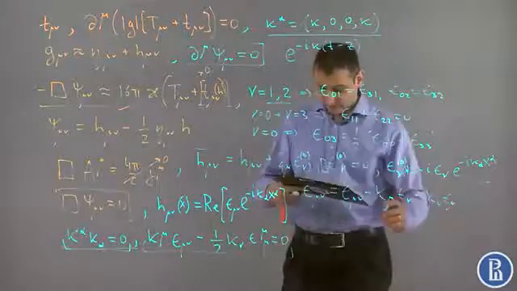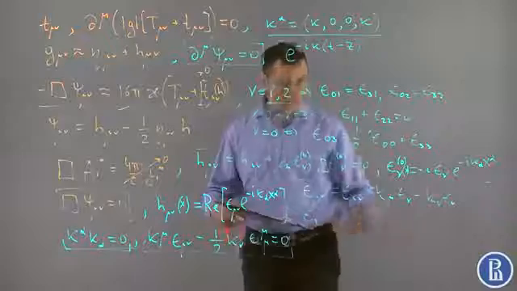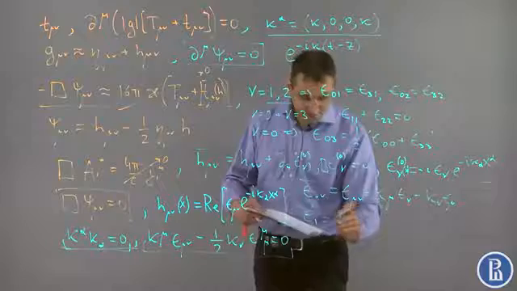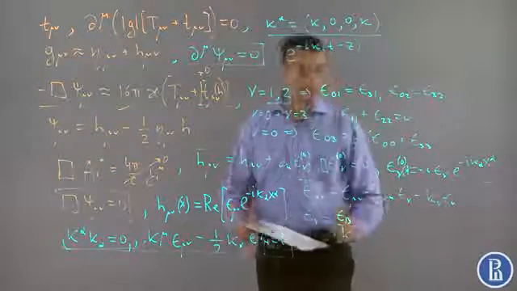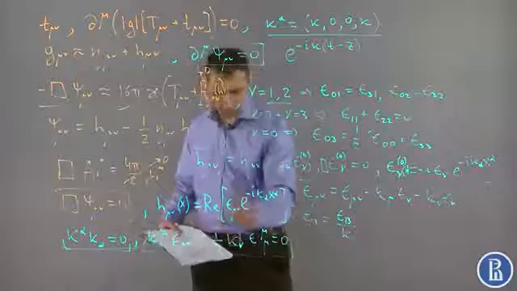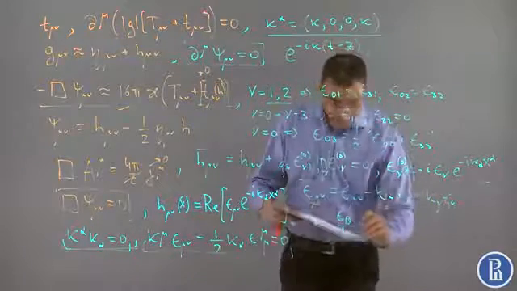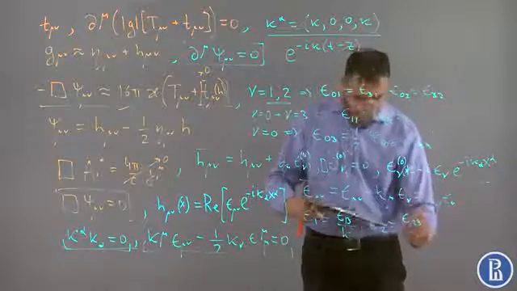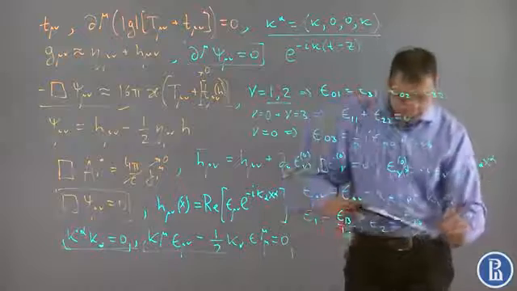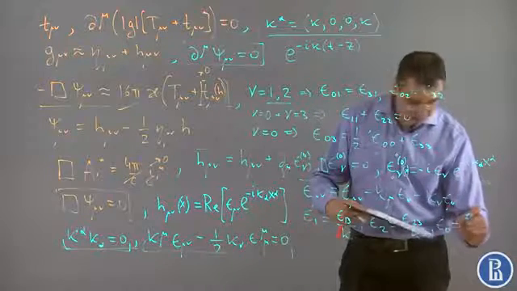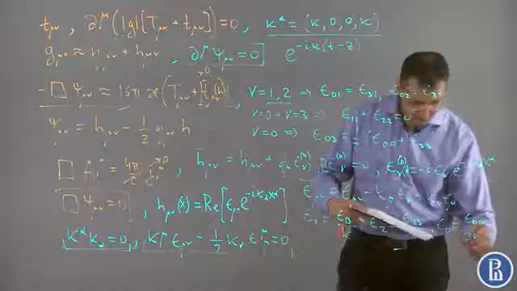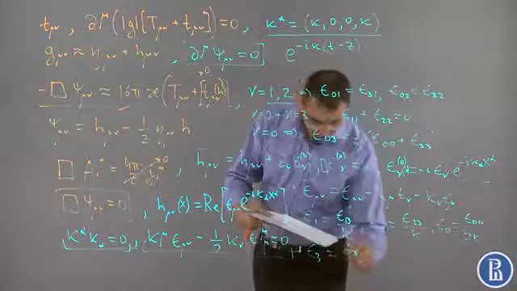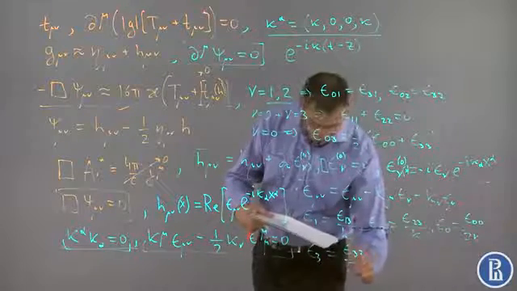Now, if we choose that epsilon 1 is equal to epsilon 1,3 divided by k of this epsilon mu nu, and epsilon 2 is equal to epsilon 2,3 over k, and epsilon 0 is equal to epsilon 0,0 over 2k, and finally epsilon 3 equal to epsilon 3,3 over 2k.